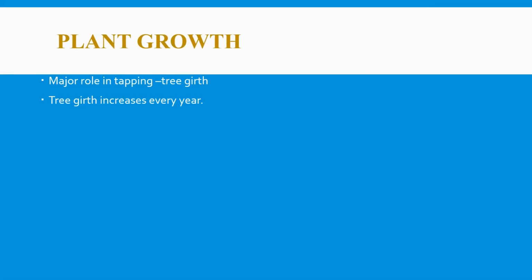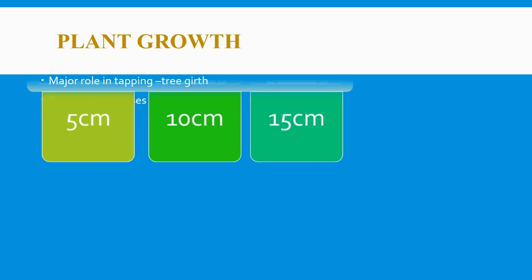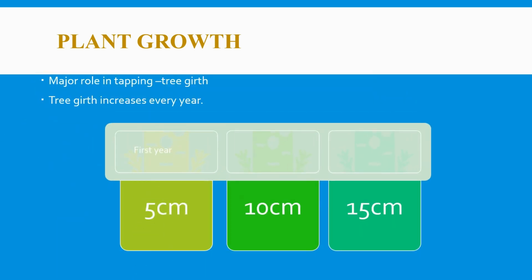In the plant growth, tree girth plays a major role in the tapping, and the tree girth increases every year. The tree girth will be like 5 centimeters in the first year, 10 centimeters in the second year, and 15 centimeters in the third year.